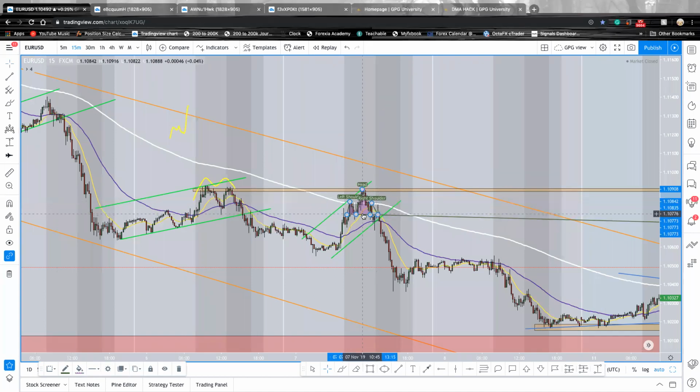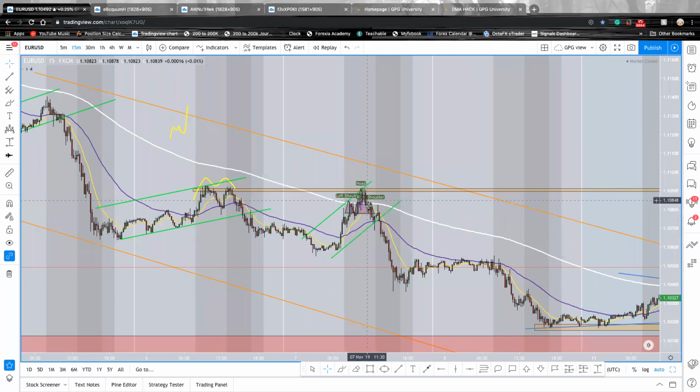Well, not really a good one. Let's put it like this. This is a small head and shoulders at this average, respecting the 200, and then it came below respecting the 14, and continued dropping.